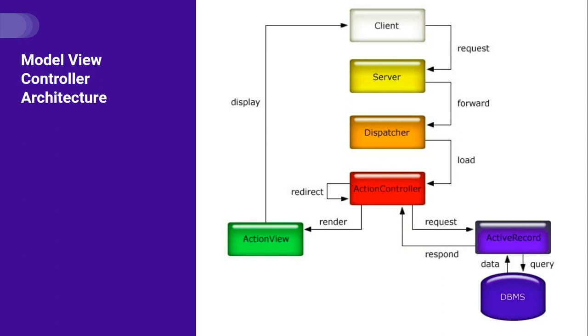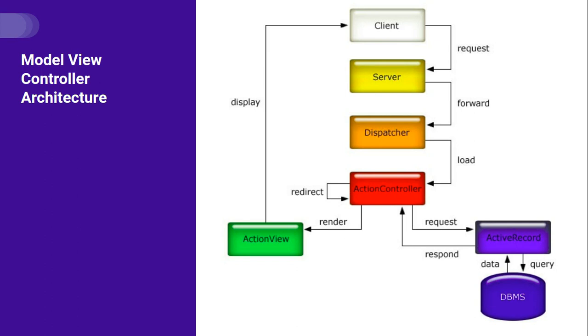And it saves or updates user data to the model. So whenever a user requests to view some records which need to be fetched from the database, the request first comes to the controller, then the controller decides which model to be requested, and then it sends a request to Active Record.